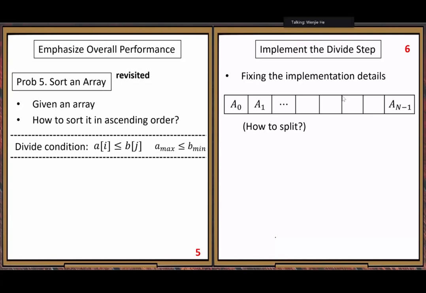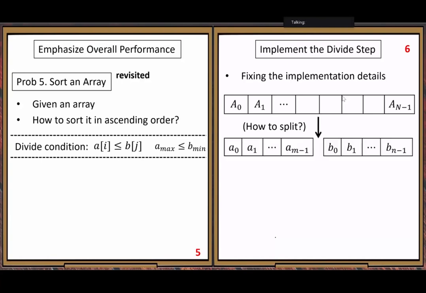So now you want to split in some way. After the split, you get a little A subarray and a little B subarray, with this key property, this inequality, that's the key property we want to achieve in our divide step.